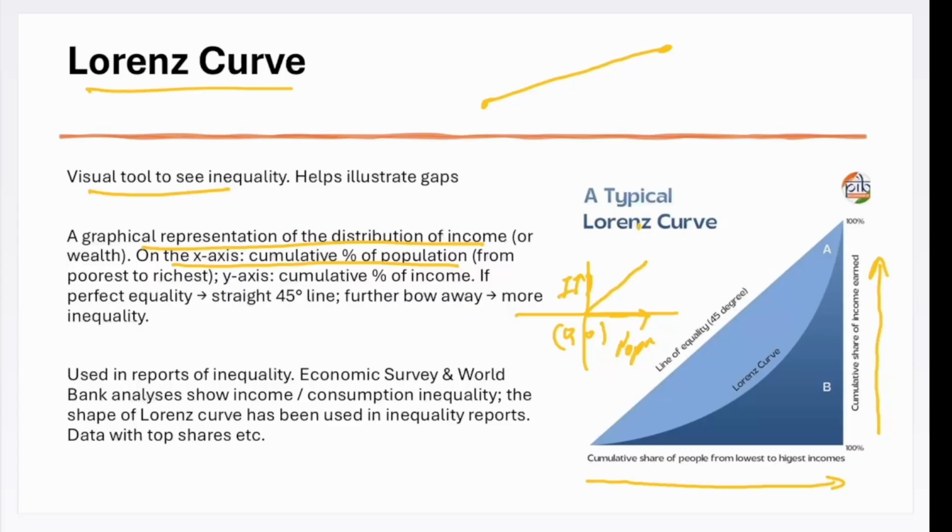This is a scenario of total equality, where 10% of population means 10% of income, 20% population, 20% income, and so on, to an extent that 100% of population means 100% of income.